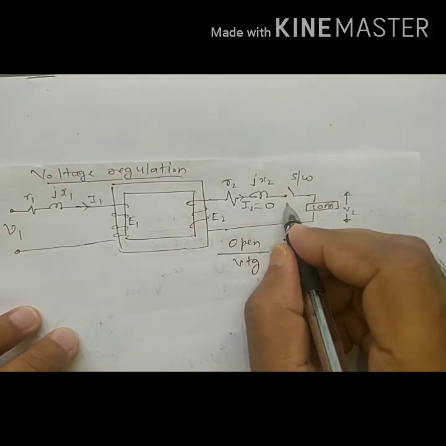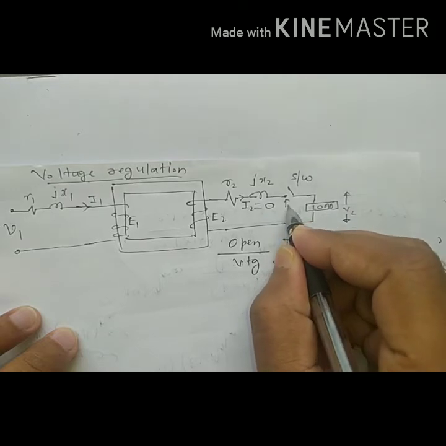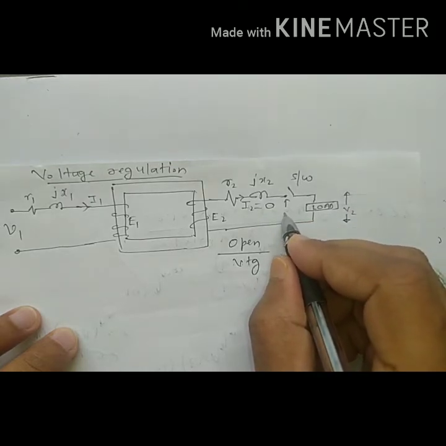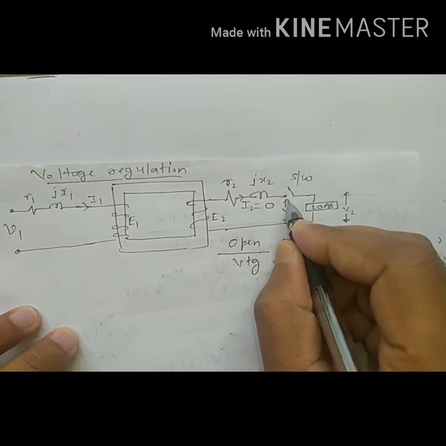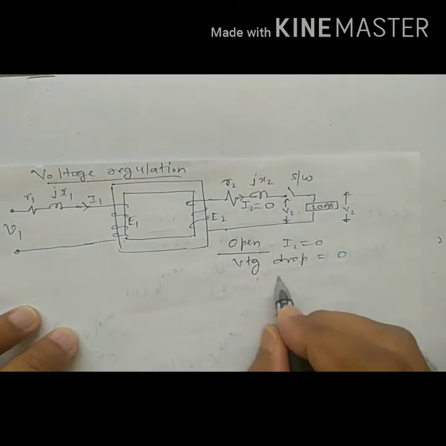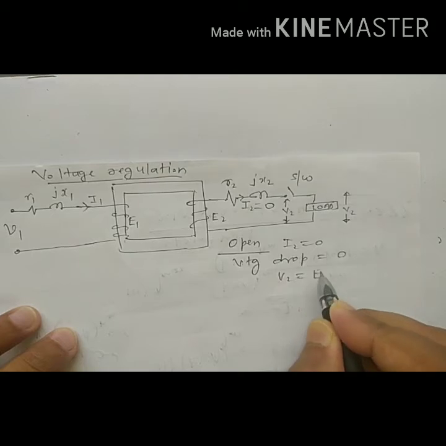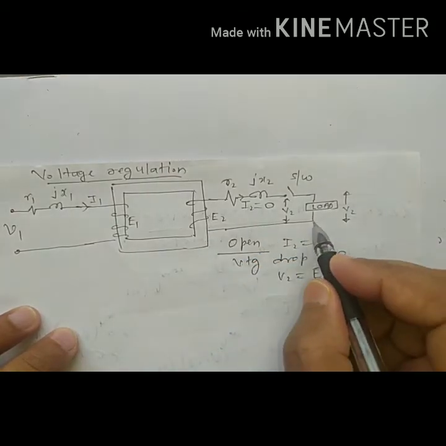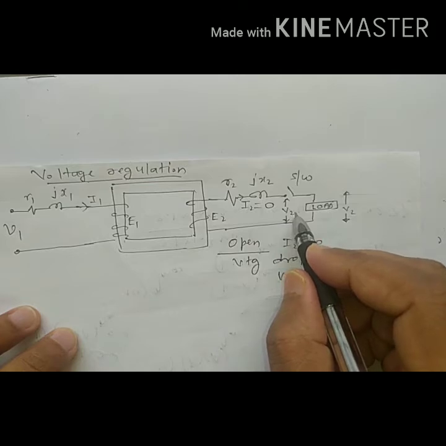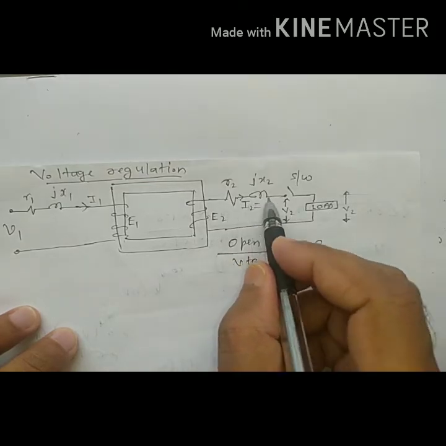Therefore, the voltage measured here at the terminal of the transformer, V2, will be equal to E2, right? So whatever voltage is induced on the secondary, the same voltage is available at the terminal, because current is 0, so no drop.